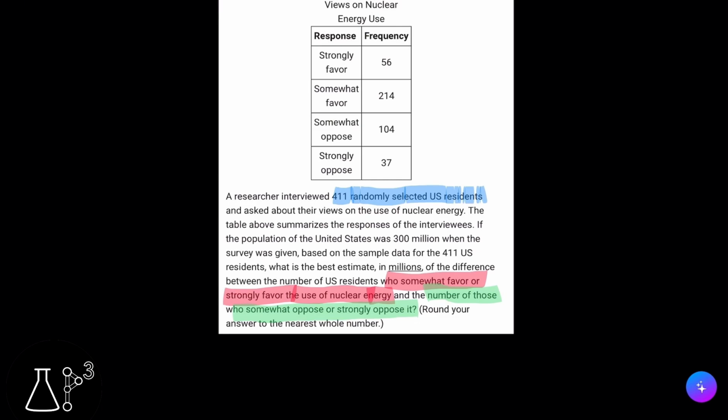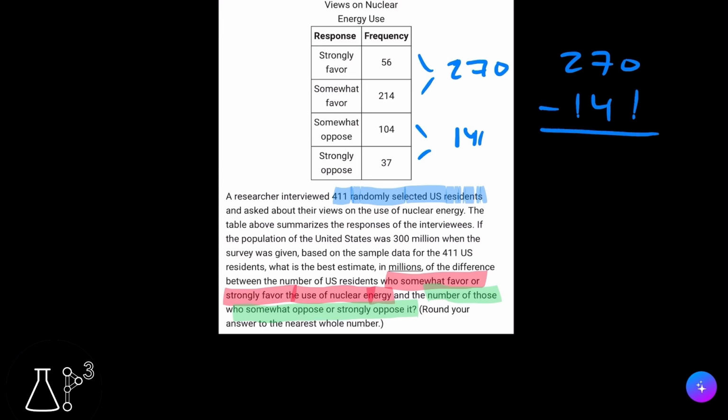So for somewhat favor and strongly favor, we have 56 plus 214, and that's going to equal 270 people favoring it. For the ones who are opposed, we get 141. If I do 270 minus 141, I'm going to get 129, the difference between the people who favor and the people who oppose.